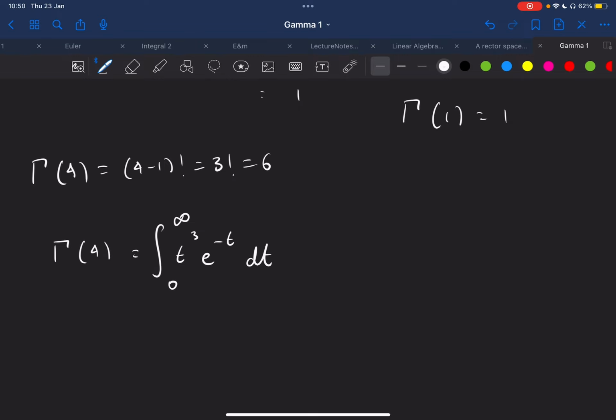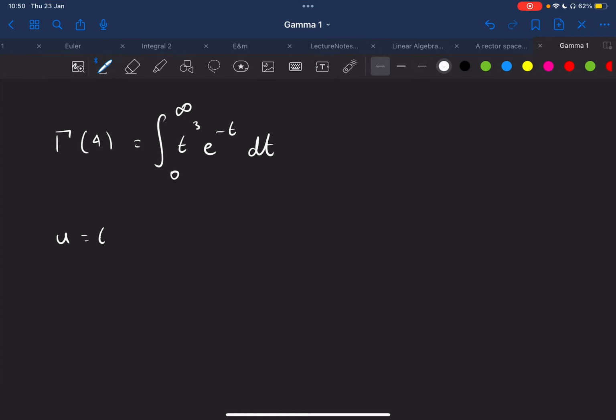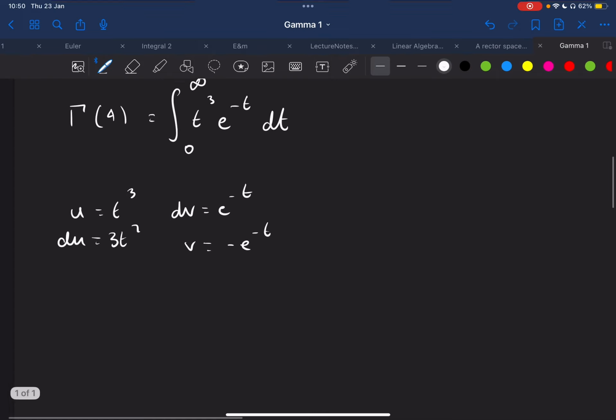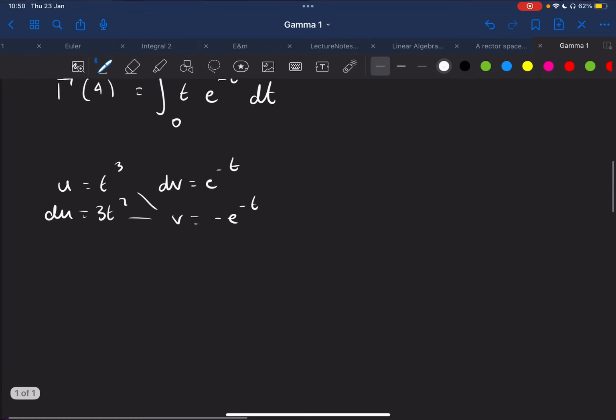So there's going to be some integration by parts here. So we set it up. u is equal to t cubed, du will be 3t squared. dv is equal to e to the minus t. v is going to be the integral of that, so minus e to the minus t. So it's uv minus the integral of v du.